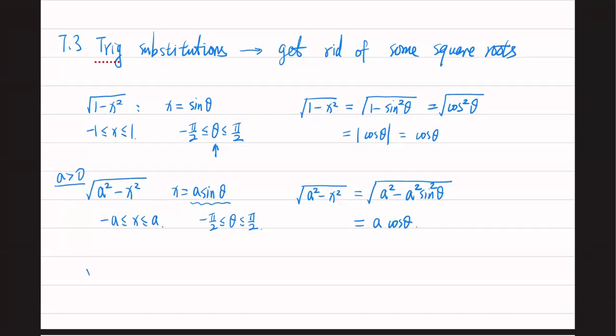Another case. Sophia, what's the range for x in this case?